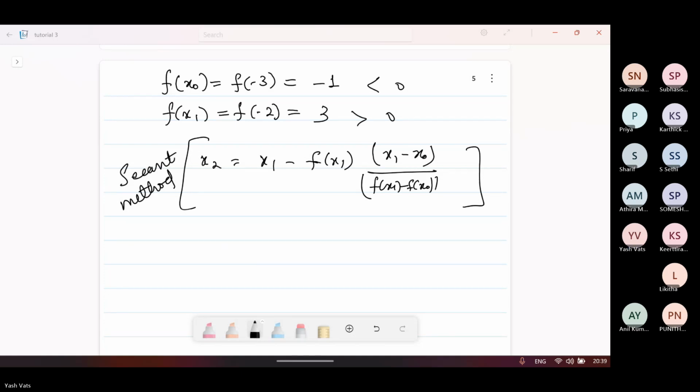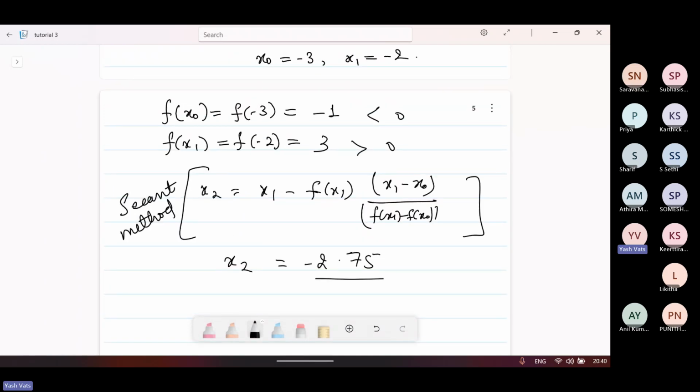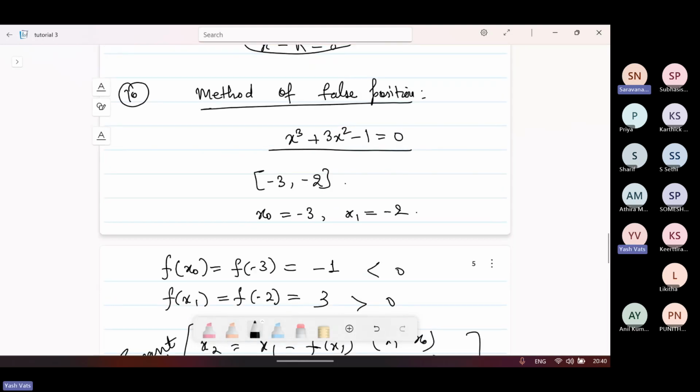Found it out. The value is minus 2.75. Are you sure it's right? Okay, so x2 is minus 2.75.